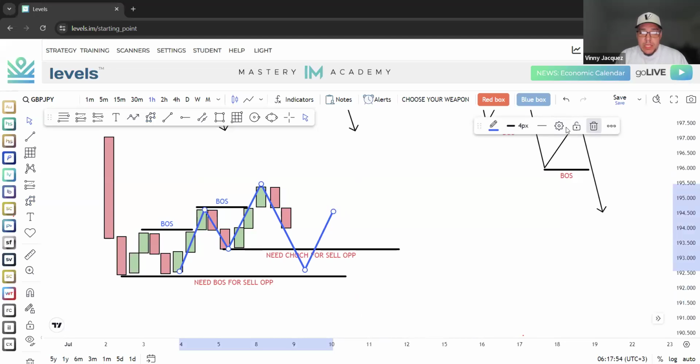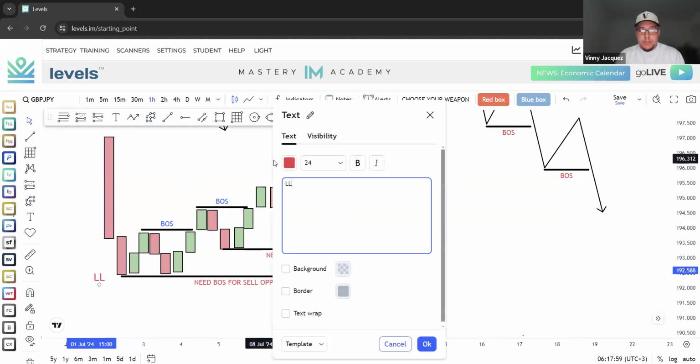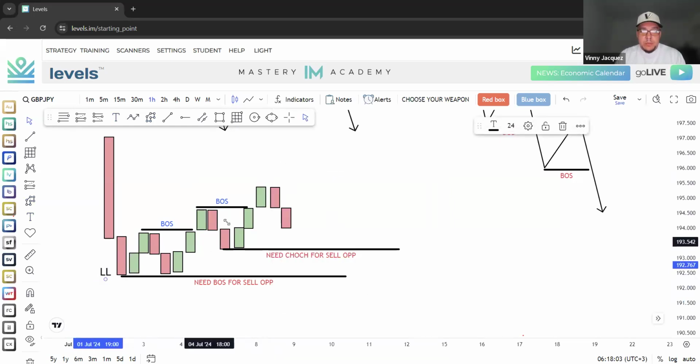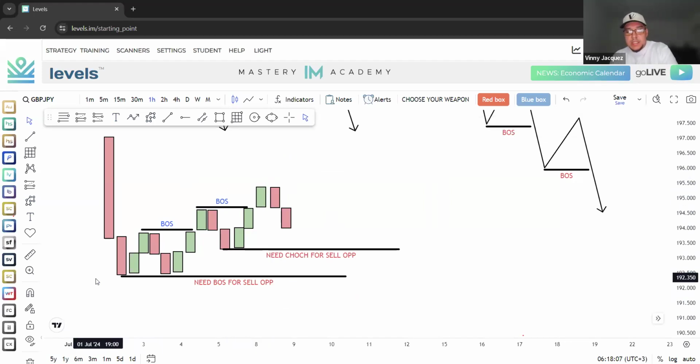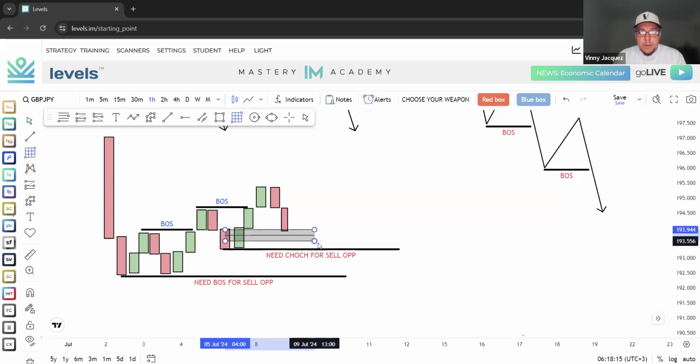Now the low, keep in mind, this right here is the lower low. And as the market goes up higher, this would be the lower high. So they're two different things. Don't get that confused. Now look, let's just say market structure respects the starting point, right?